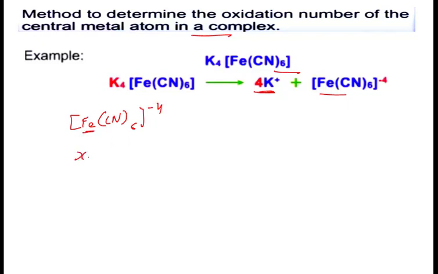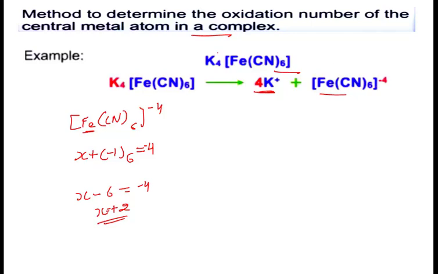So put it as X, then plus, now again you have to remember it is -1 into 6, and then since the charge is given there, we will equate it to -4. Okay, then X minus 6 equals -4, and X comes out to be +2, right? This is for the iron.